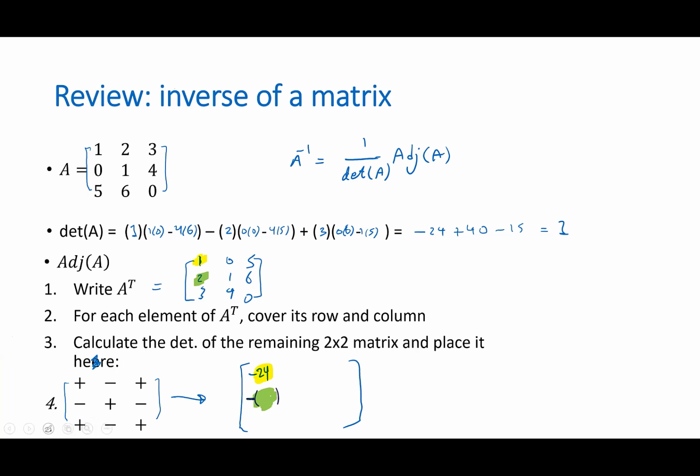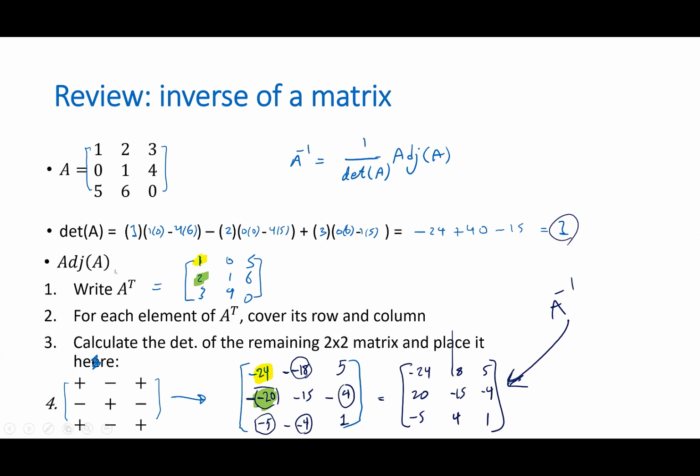So I have to ignore the column and row of that, row and column. And I'm left with a 2 by 2 matrix, 0, 5, 4, 0. What's the determinant of that? 0 times 0 minus 5 times 4, which is minus 20. And I put that here. Minus 20. Okay. And I keep doing the same thing.